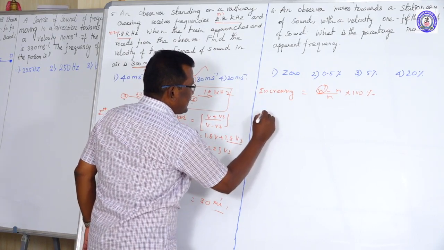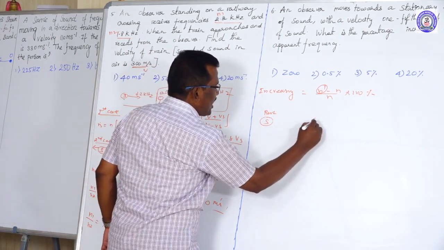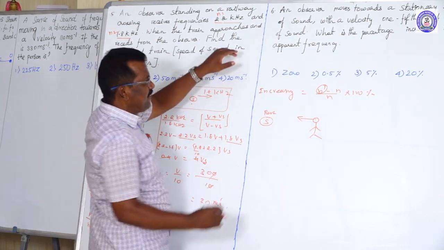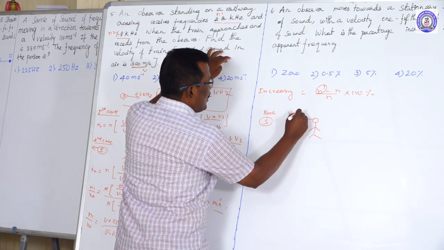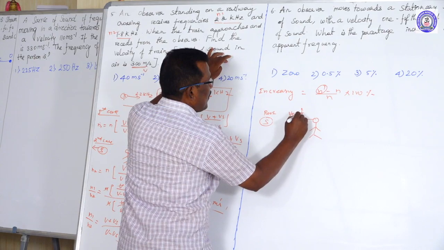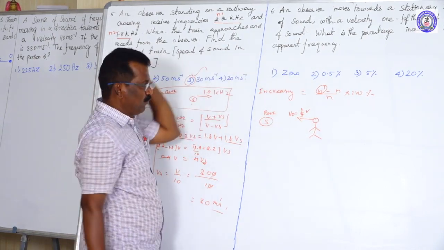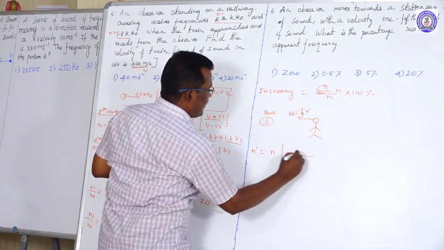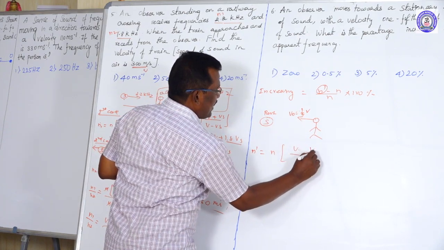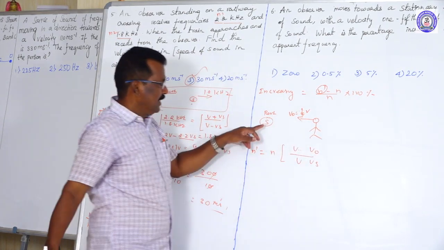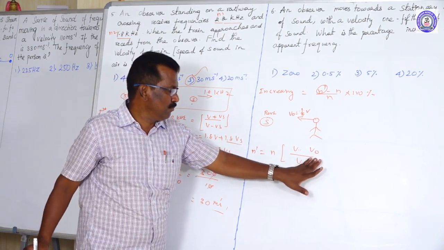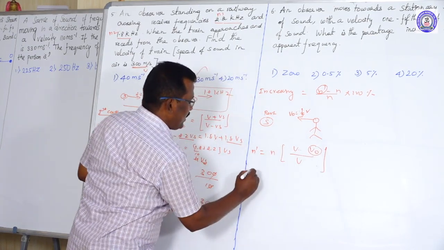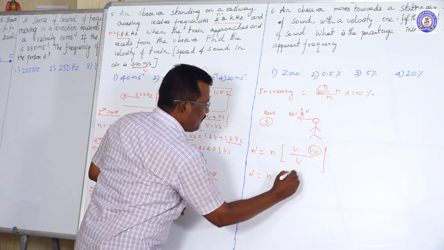The source is stationary, at rest. The observer moves towards it at a speed VO equal to 1/5 of V. Write the formula: n prime is equal to n (V plus or minus VO) over (V minus or plus Vs). Here the source is at rest, so Vs is 0.